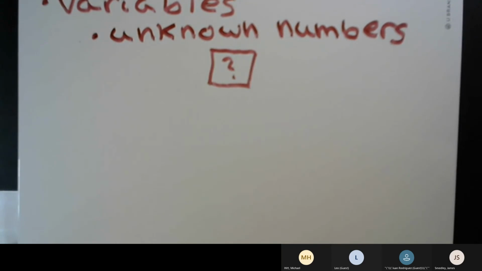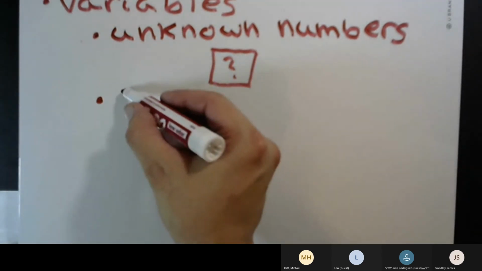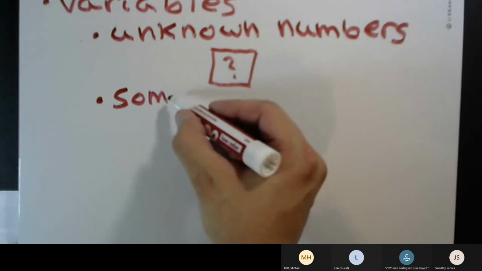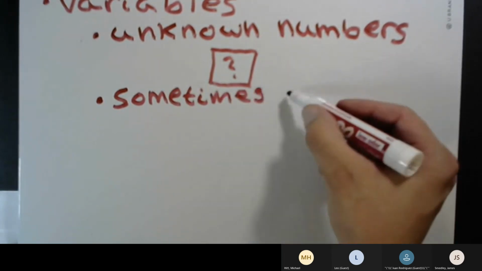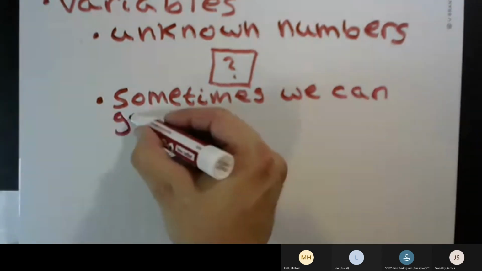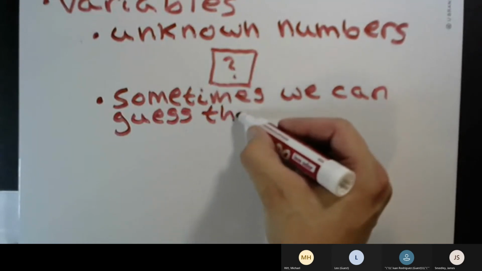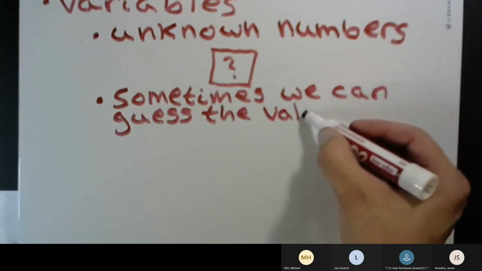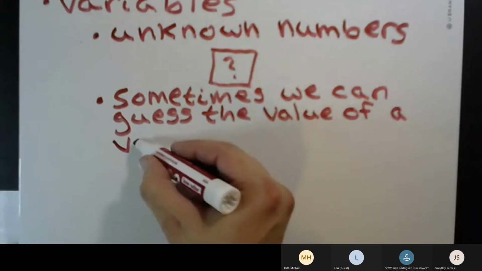Something that we wish we knew what this number was. We just don't know what it is. Now, oftentimes, well, I gotta be careful saying often. Sometimes we can guess the value of a variable.